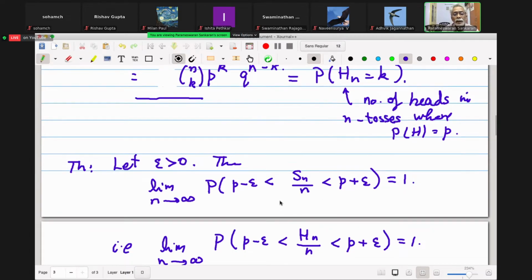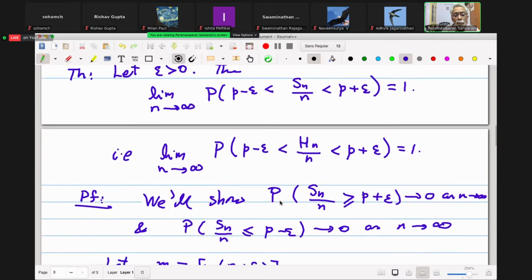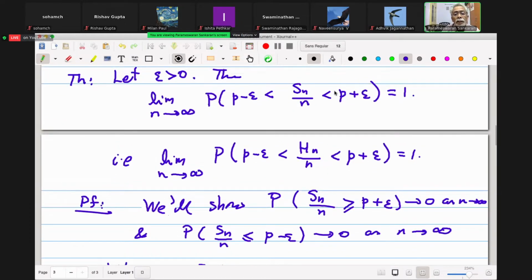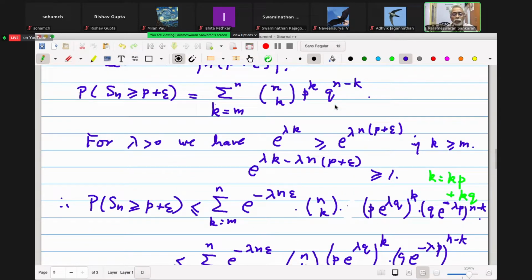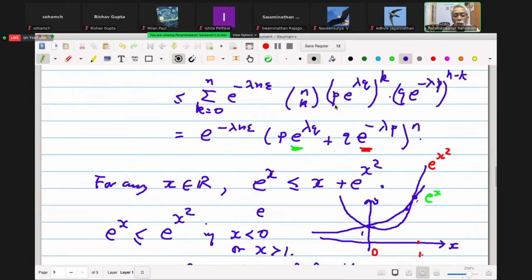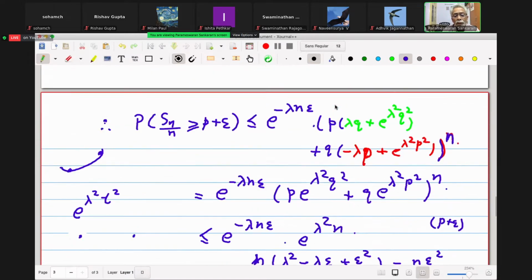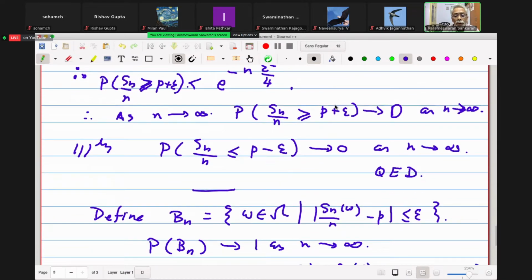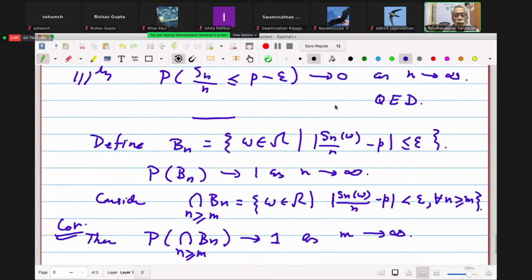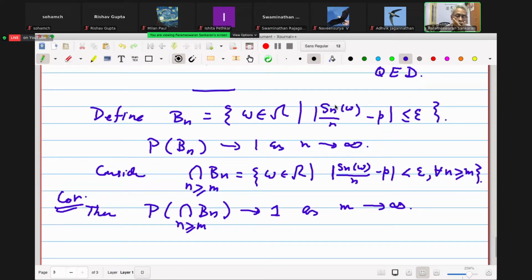Now, what this is saying is that the probability that the average value is between p minus epsilon and p plus epsilon, not just for one particular n, but from some stage onwards, for every n, goes to 1 as m goes to infinity.